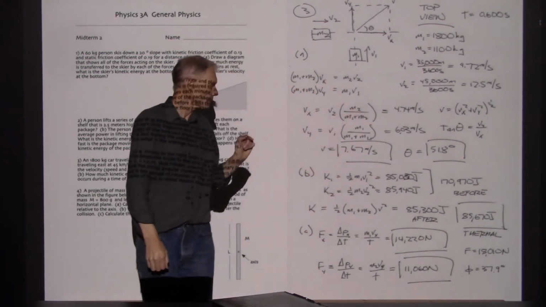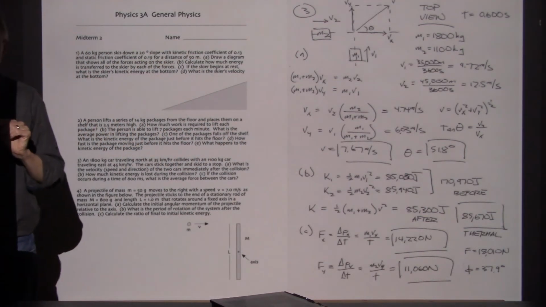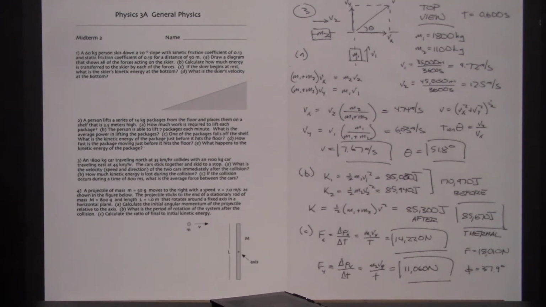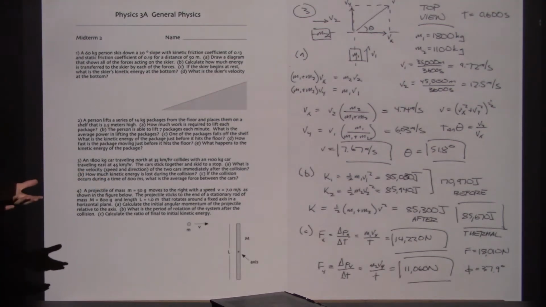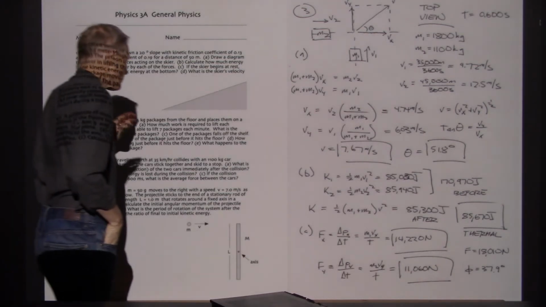To get the F sub x, I just want to look at momentum in the X. Putting numbers into that, I ended up with a force of 14,220 newtons. Now, why are the forces so large? Because it's a set of large objects, it's an automobile accident, and it's happening in a very short time period. Because the collision is over very quickly, the forces turn out to be very large. And that's the number I got for the X direction.